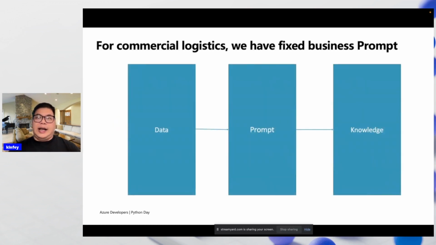But this time I found that for commercial logic, we have a fixed business prompt. Just like here, we can use data and prompt to finish knowledge. If you ask about an HR document or some documents, the prompt is the same.